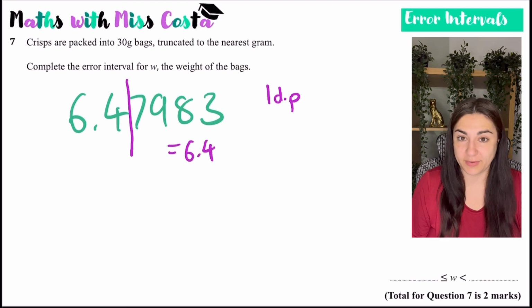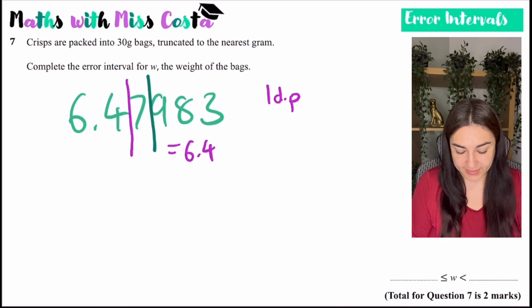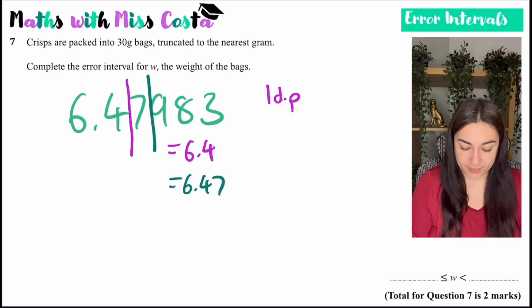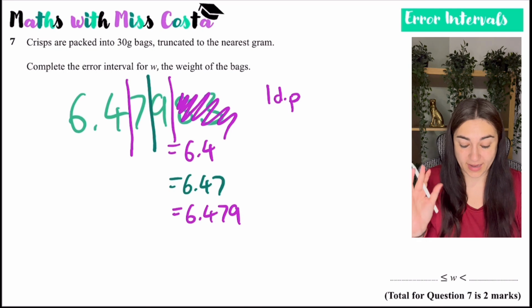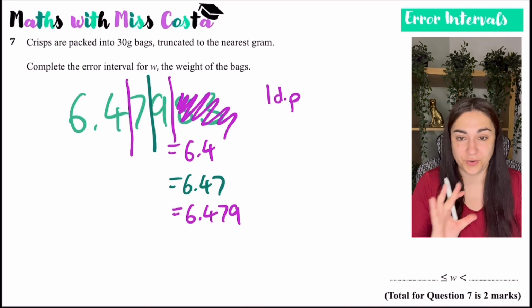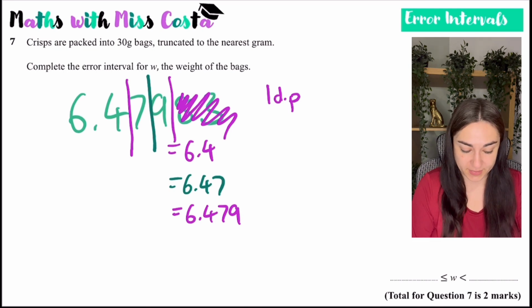You don't consider rounding at all. If it was to 2 decimal places, it would be 6.47. And if it was to 3 decimal places, it would be 6.479. So you literally just chop off anything after your decimal and you just leave it as it is. You don't worry about rounding. So that's what truncation means.